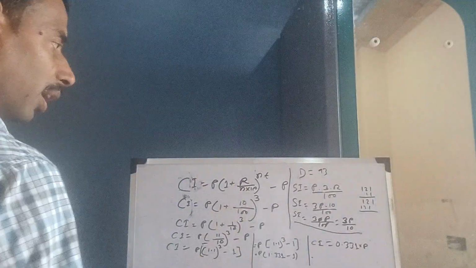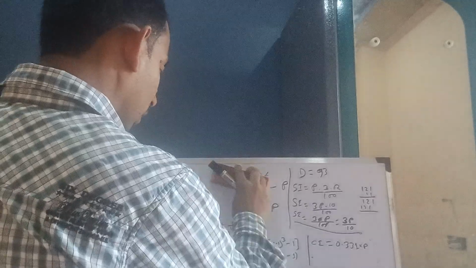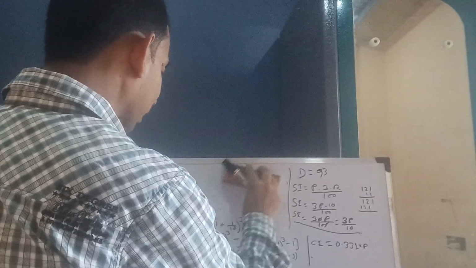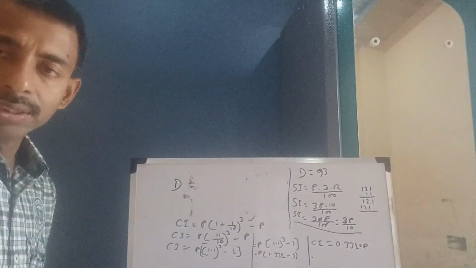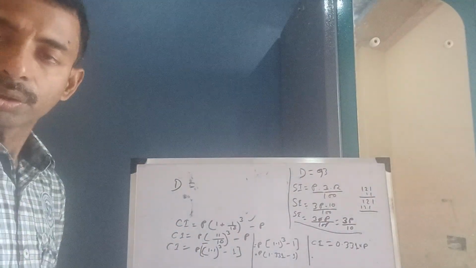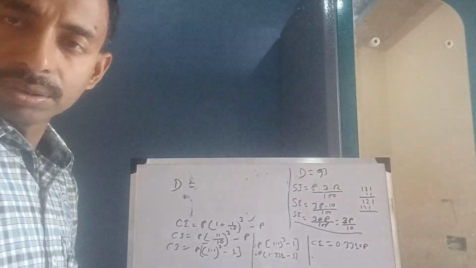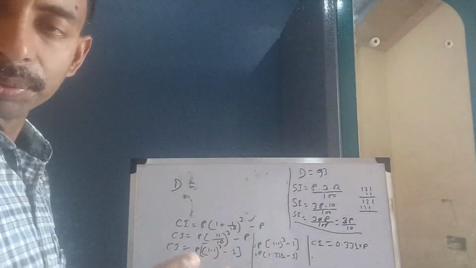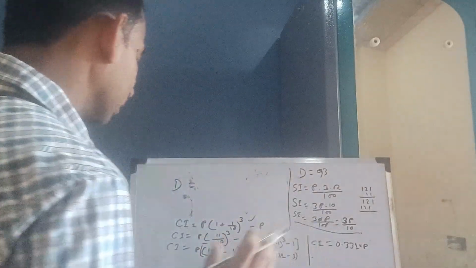So in the question, D equals the difference between these two. Obviously, tell which one is higher. Compound interest is higher because it is compounding step by step. In simple interest, throughout the period the principal is the same, so no changes will be there.